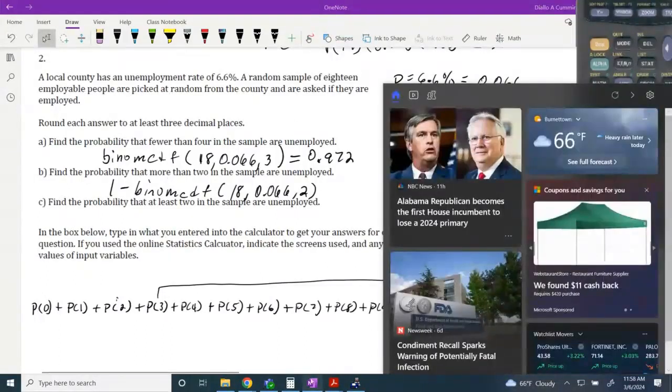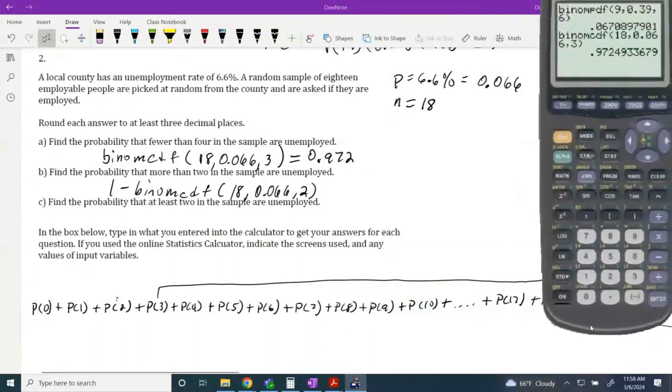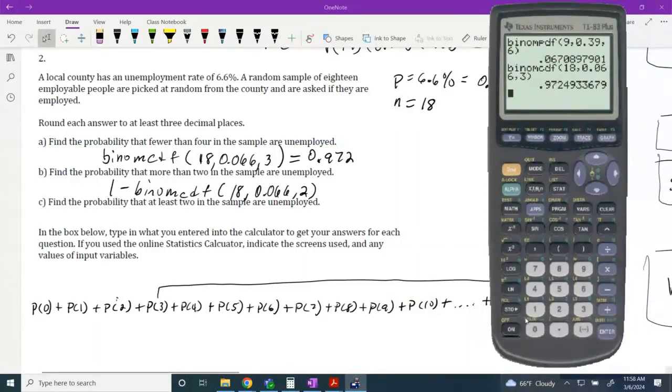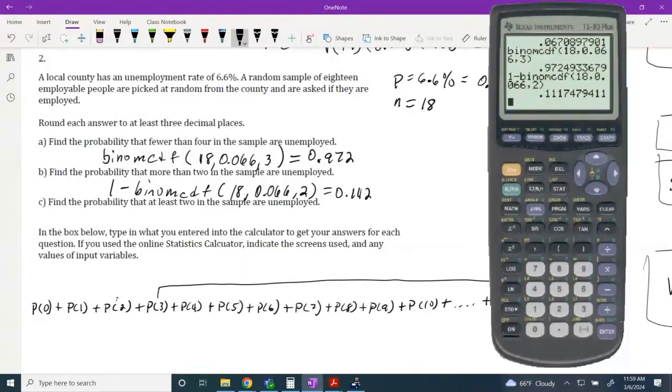Anytime you see more than or greater than, you're going to use that 1 minus the binomial CDF. So I'm going to put this in as 1 minus the binomial CDF of 18, 0.066, 2, and we get 0.112.